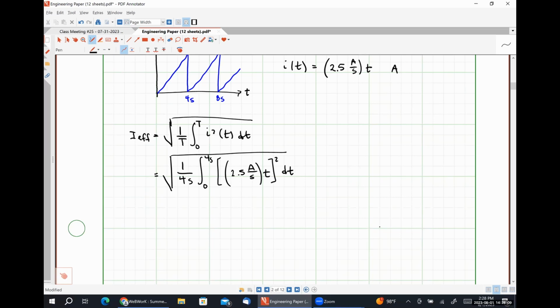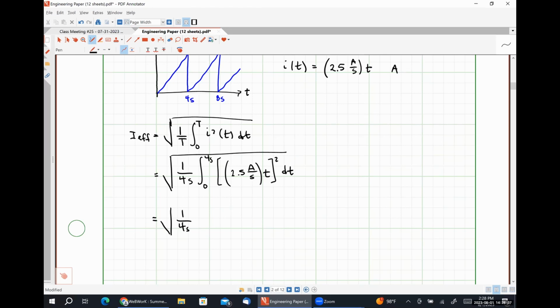Let's see, 2.5 squared. I'm going to pull some constant terms out here to make our life a little bit easier. So we're going to have 1/4 seconds is already outside of the integral. I can pull that slope out, but I need to remember to square it because of this guy right here. So 2.5 times 2.5 is 6.25, if my mental math is right.